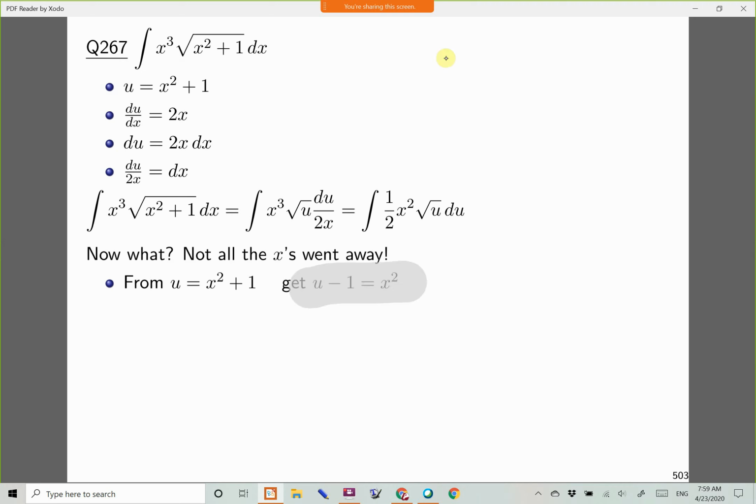Now, in this equation, of course, you could square root both sides, but I don't even want to bother. I don't want to solve for x. I actually just want to solve for, as strange as it sounds, x squared. The reason I want to solve for x squared is because in this problem, the uncanceled thing, the x stuff that we have that we don't want, is x squared. So if u really is x squared plus 1, then we can replace x squared with u minus 1.